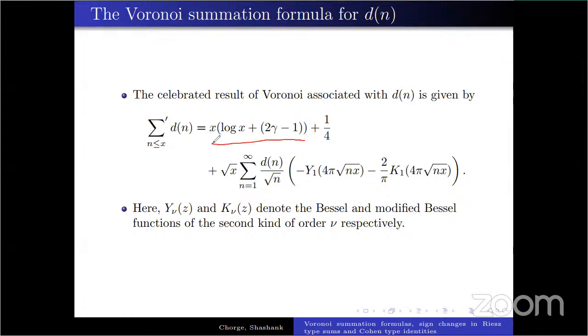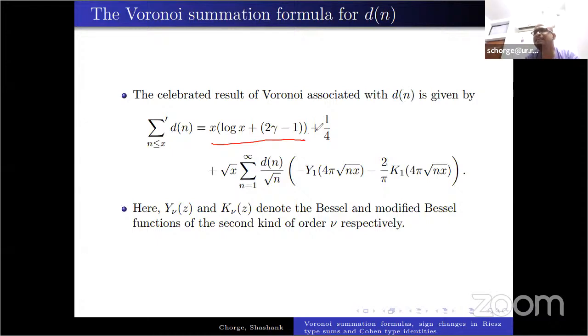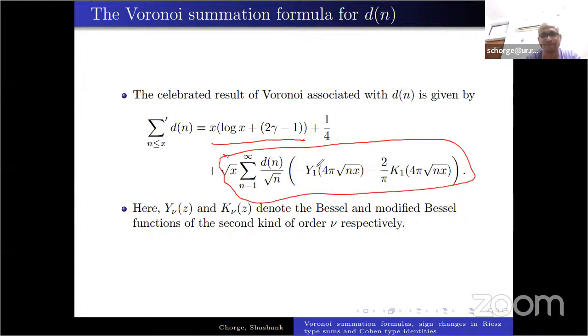So this is the main term, and if we have seen Dirichlet's formula for the divisor function, this is exactly the same main term we get. But now the rest becomes slightly complicated. Y sub nu is a Bessel function of the second kind, and K sub nu is a modified Bessel function of the second kind. So it is not as simple as the formula given by Dirichlet.